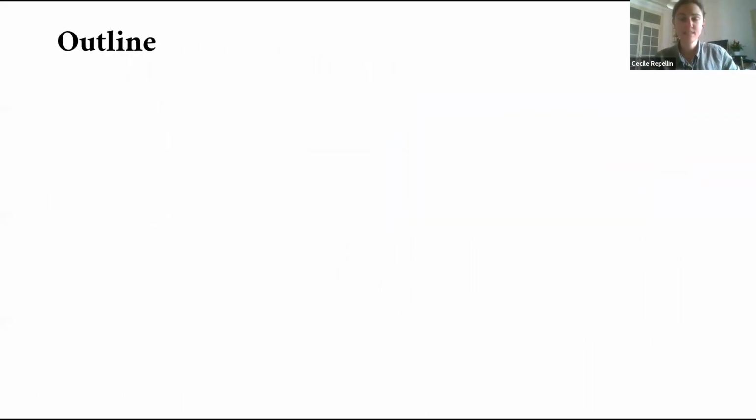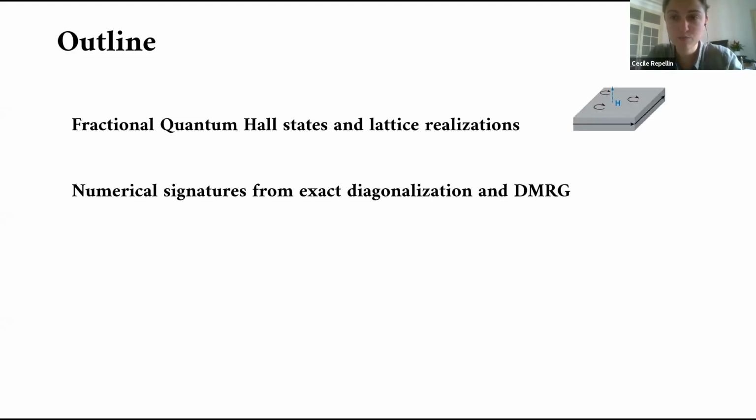So here is the outline of the talk. I'll first start with some elements of fractional quantum Hall physics and of their lattice realizations as well. So just a little bit of physics background on these fractional quantum Hall phases. Then I'll move on to their numerical signatures, first from exact diagonalization and then from DMRG.